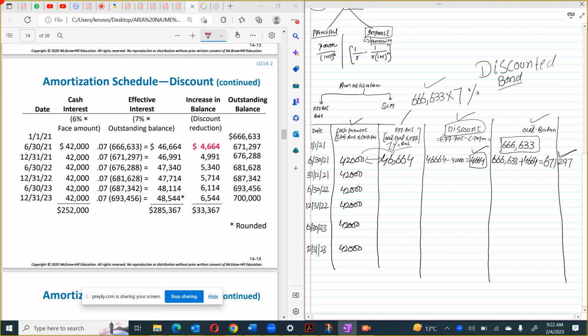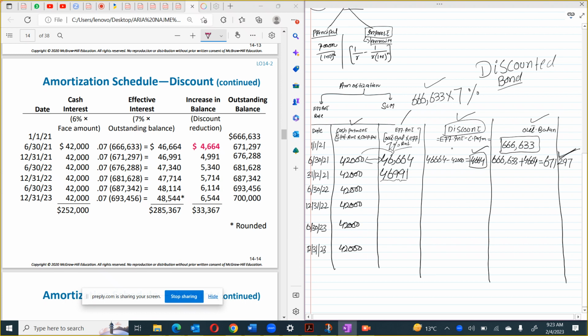You will get the amount 46,991. Got it? The last period outstanding balance multiplied with the effective interest rate gives you the effective interest amount.